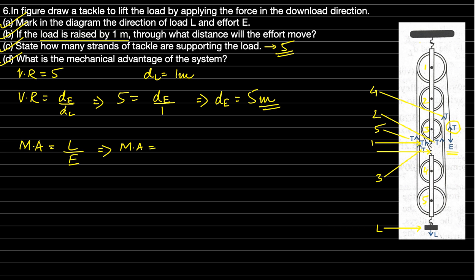So that's going to be 5 into T, because there are 5 tensions which are acting because of the load, and there is one single tension which is acting because of the effort, so that would be T. So now I can cancel this T and T and we get the mechanical advantage is equal to 5. So we have got the mechanical advantage of the system to be 5 here.